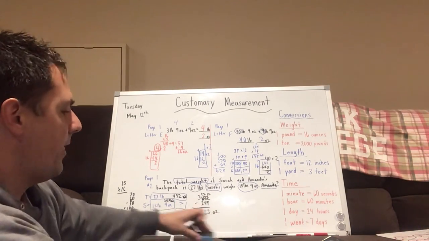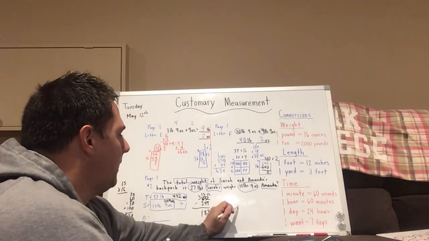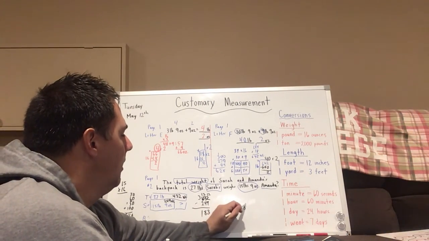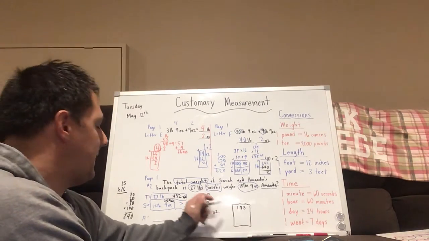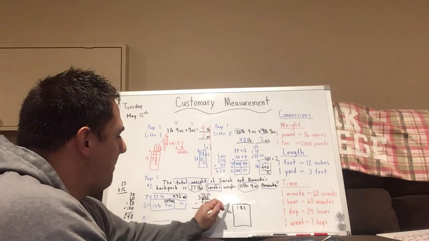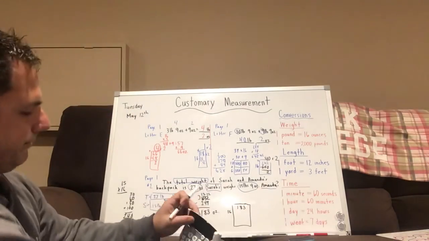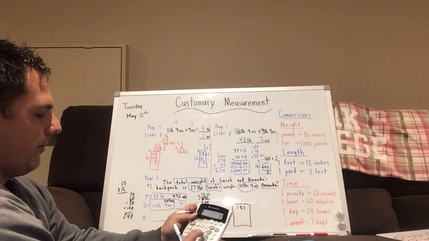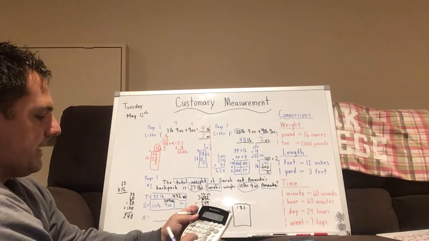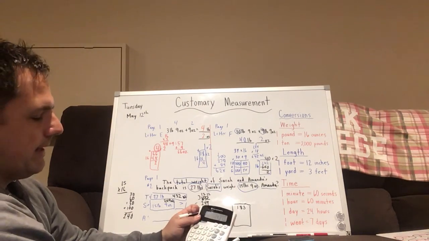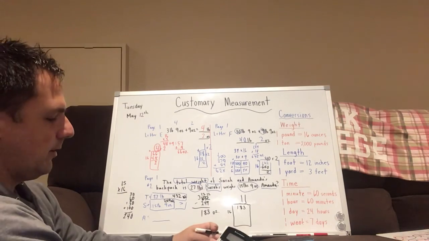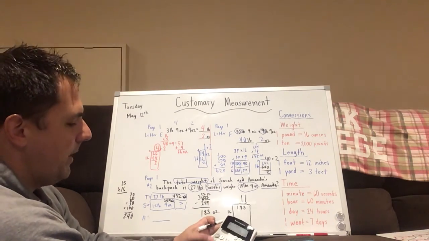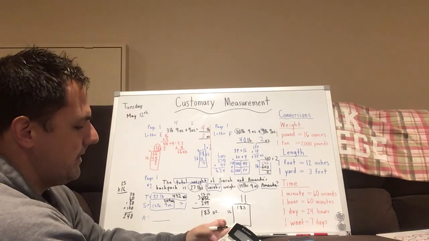But I've got to figure out what that is in pounds and ounces. So again, 183. I know that 1 pound is equivalent to 16 ounces. And yep, I'm going to use my calculator again. So I'm going to do 183 divided by 16. I'm going to ignore the decimal, so I know the whole number that I can put in is 11. That's as close as I can go. Now I'm going to multiply 11 times 16.